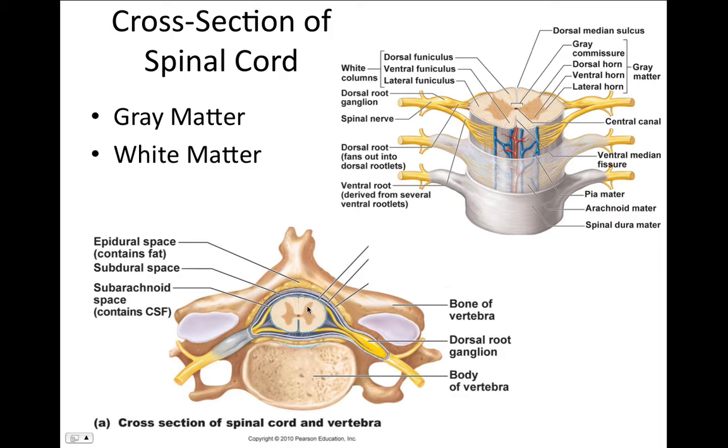They're going to enter and then synapse in the gray matter on both the left and the right side, and you can see they even can cross over. So these are known as horns. You have the dorsal horn, the anterior horn, and then you also have the lateral horn, which is going to be more for the viscera.